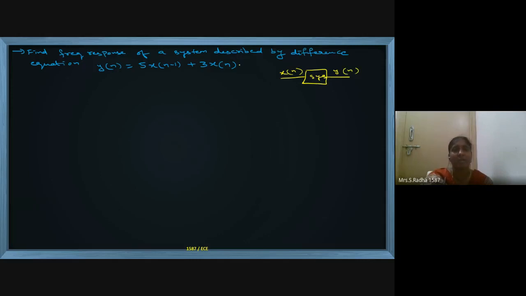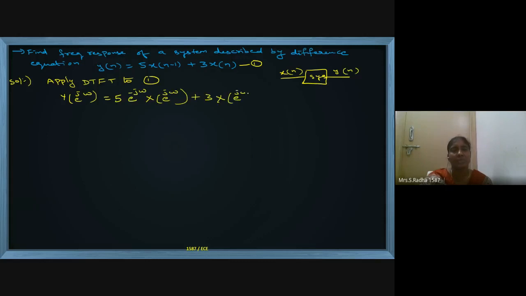Let this be equation number 1, which describes the system. We will apply DTFT for equation 1. y of n will become Y of e power j omega; 5 into, this is time shifting property, e power minus j omega into X of e power j omega, plus 3 into X of e power j omega.